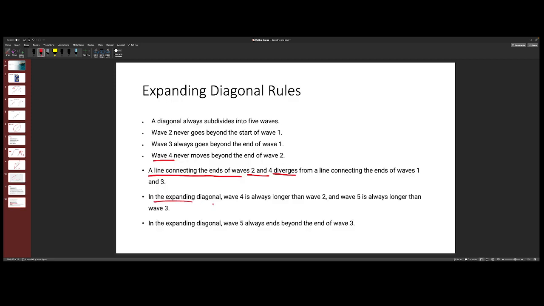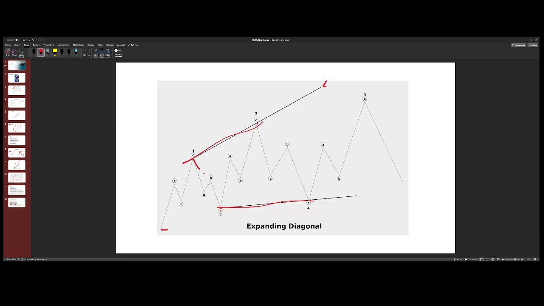In the expanding diagonal, wave 4 is always longer than wave 2, and wave 5 is always longer than wave 3. The rule is this wave here, wave 4, is longer than this wave, and wave 5 is always longer than wave 3, and 3 is longer than wave 1.